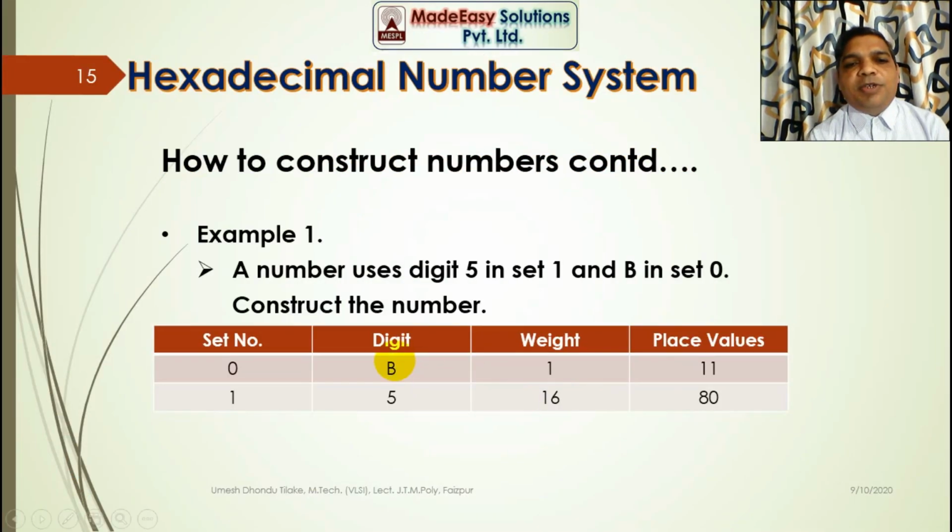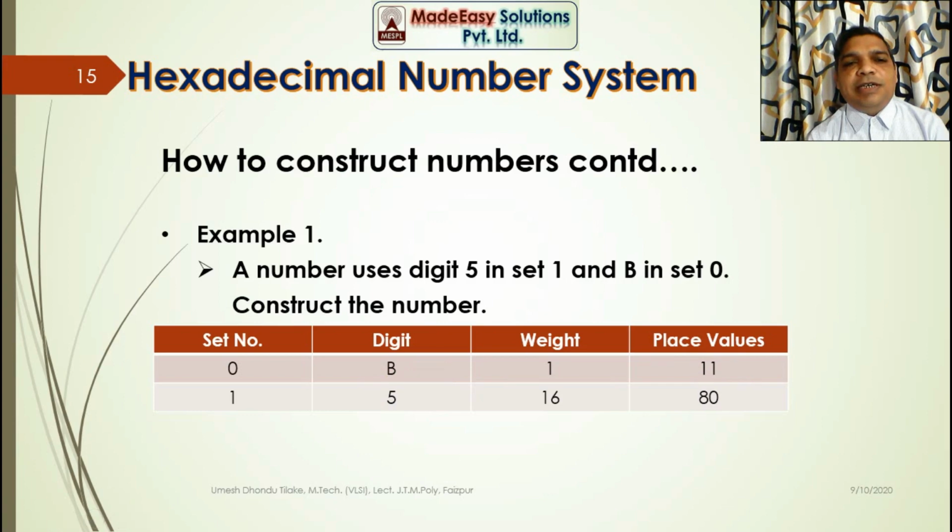So place value of digit B is 1 multiplied by digit B. Now, consider its decimal equivalent, because this multiplication we are doing in decimal, these place values are in decimal. So consider decimal equivalent of B. Decimal equivalent of B is 11. If you are confused over here, it will be cleared in next slides. So 11 multiplied by 1 is equal to 11 will be the place value of this digit B. Then 5 multiplied by 16 is equal to 80 will be the place value of this digit 5.